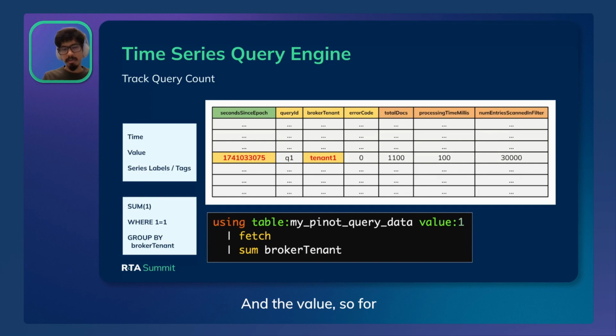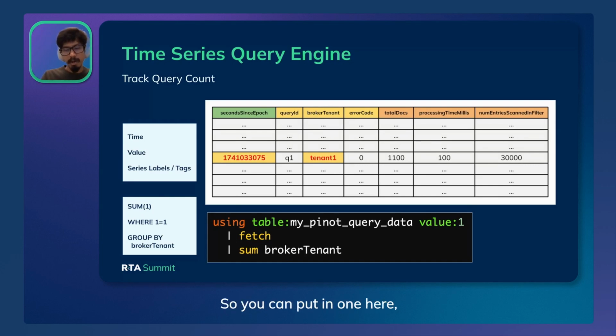And the value, so for each row in your Pinot table, you want to impute the time and the series and the value. So you want three things to be imputed from every row in your table. And the table is already configured using an explicit variable. Value is also configured using an explicit variable.